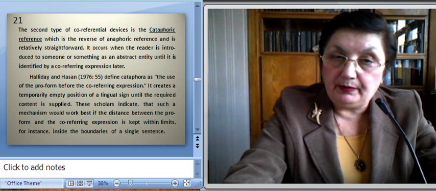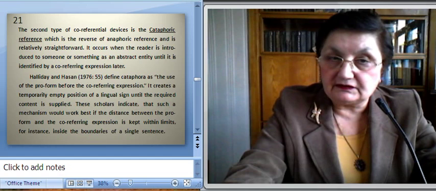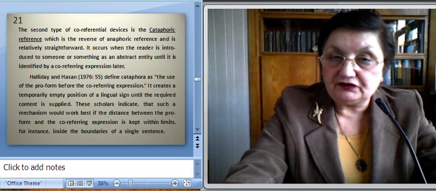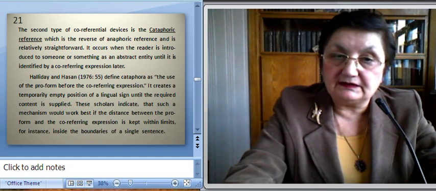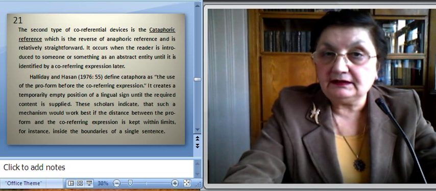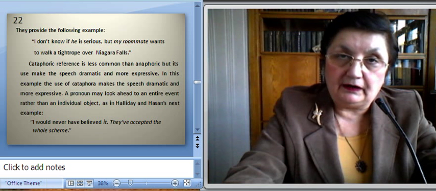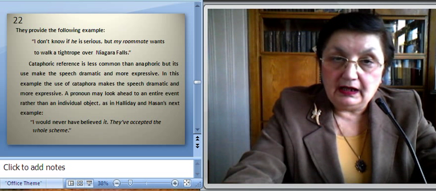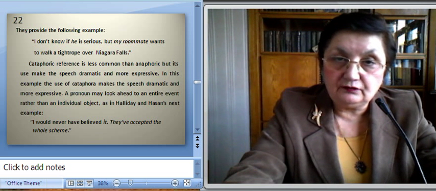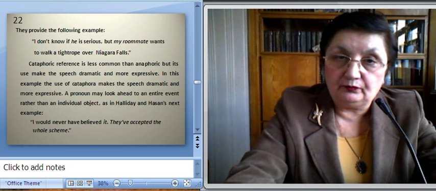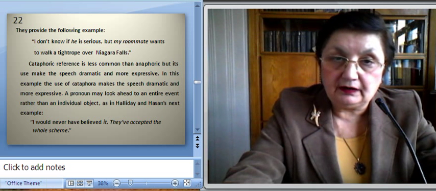I don't know if he's serious, but my roommate wants to walk a tightrope over Niagara Falls. Cataphoric reference is less common than anaphoric, but its use makes the speech dramatic and more expressive. In this example, the use of cataphora makes the speech dramatic and more expressive.